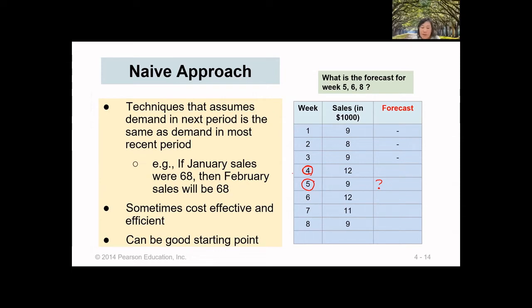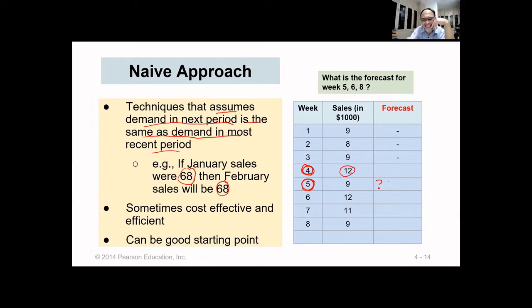The naive approach assumes the demand in the next period is the same as the demand in the most recent period. So if January is 68, then February is also 68. If week 4 is 12, then week 5 is 12.